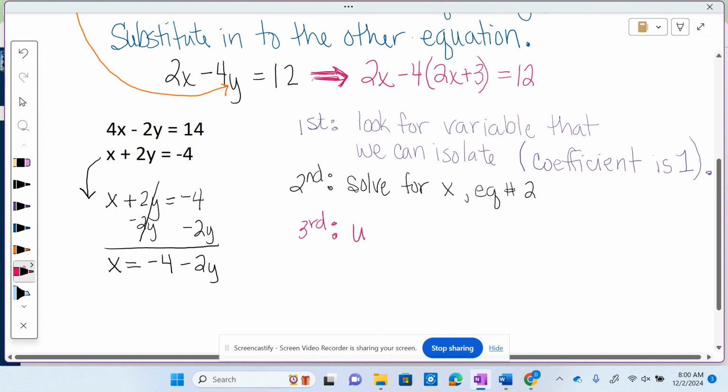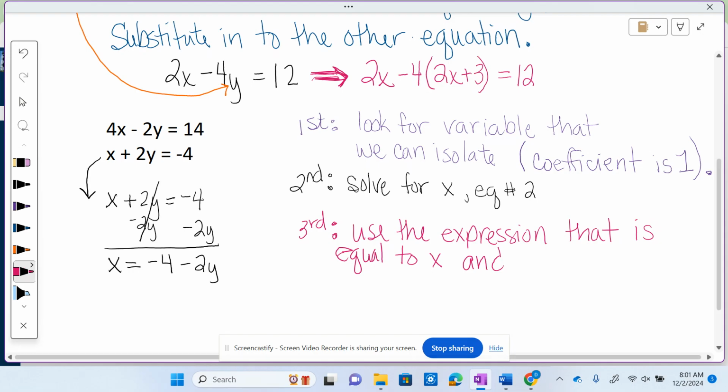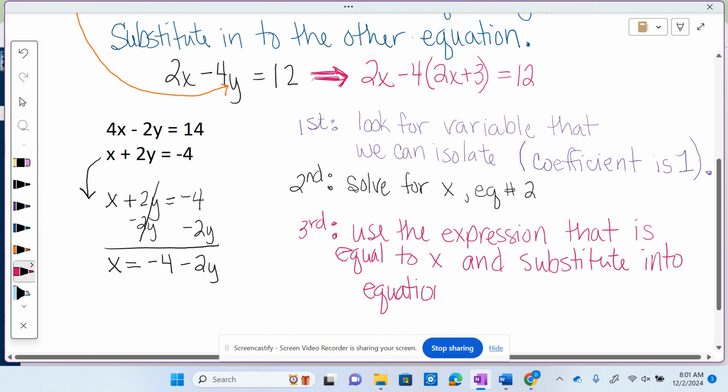Well, we are going to use the expression that is equal to x and substitute into equation number 1.